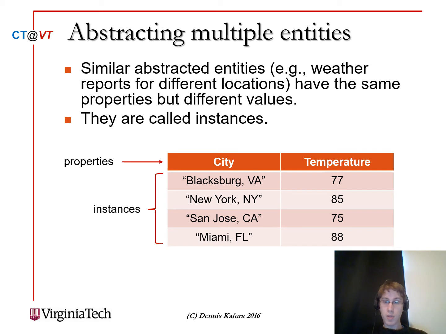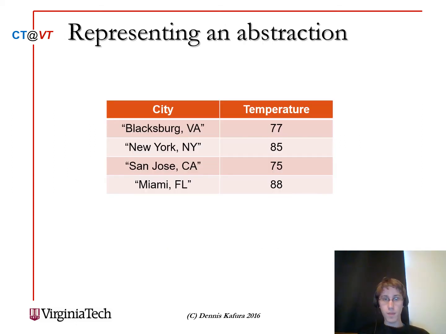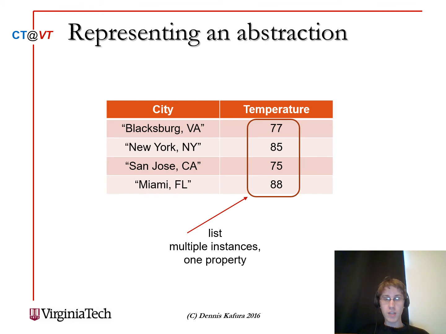We're used to dealing with instances that have one value for each of the instance, but now we're talking about more complicated ones. Visually, when we take a single column and treat it as a list, we say that we're looking at one property for multiple instances of an abstraction.